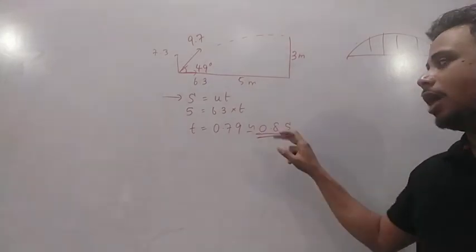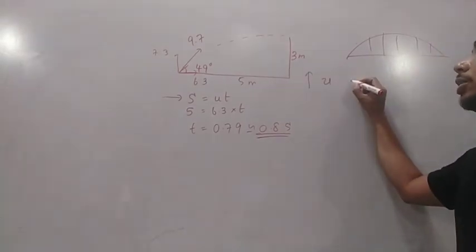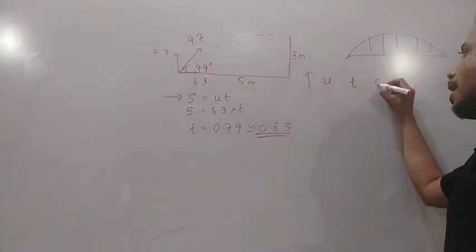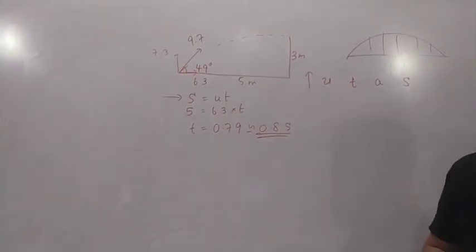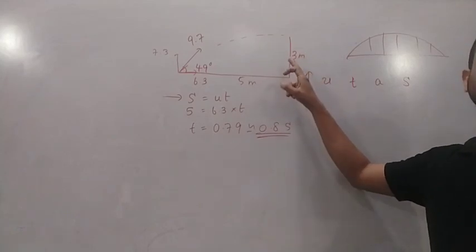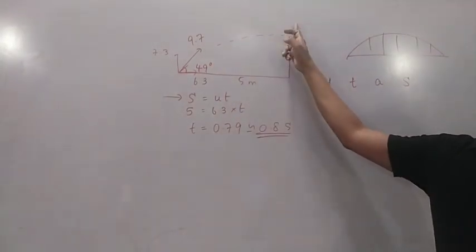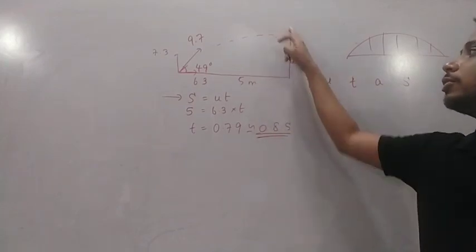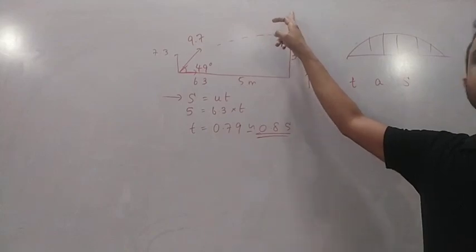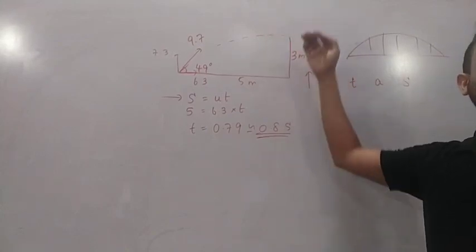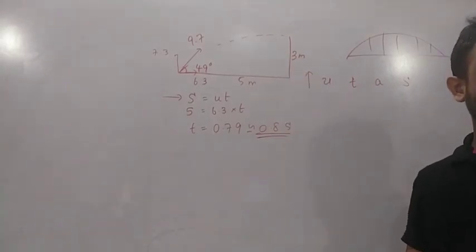If that height is above 3, the ball is going above the wall. When it reaches 0.8 seconds, if the height is 3.5 or 4.5, it is going above the wall. If the height is less than 3, like 2 point something, it hits the wall. Clear? So we calculate this.